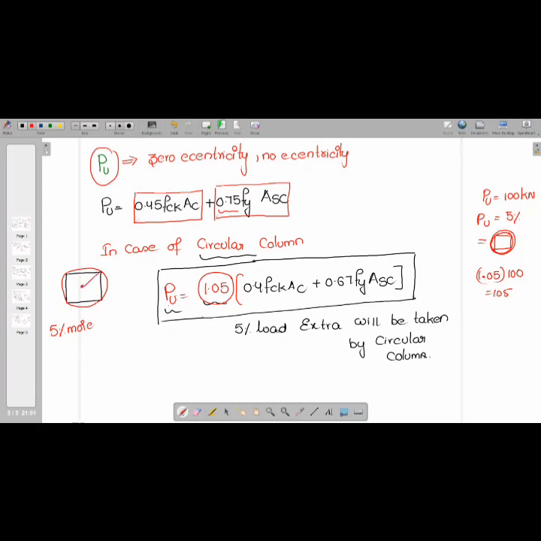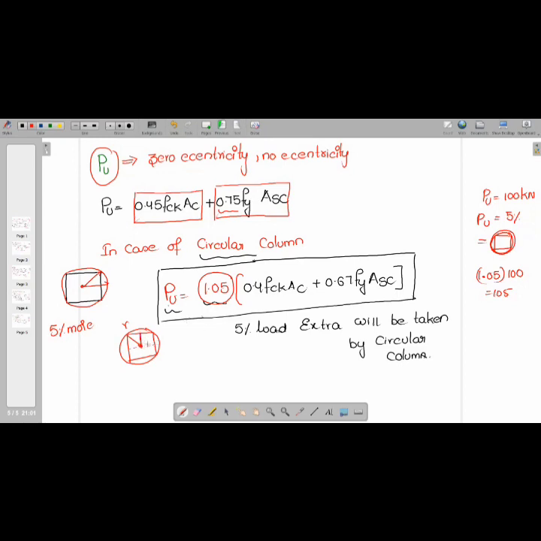See, actually, what happened with the column? If you take a circle and a square, and suppose the radius is R, what will be this length?